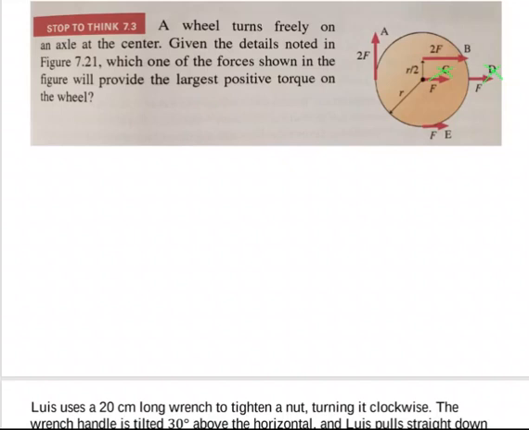What's wrong with E? It's not as much force. That's still... You guys all missed. We want a positive torque. It is only E that gives a positive torque, which means in this direction, E. It was a trick question.